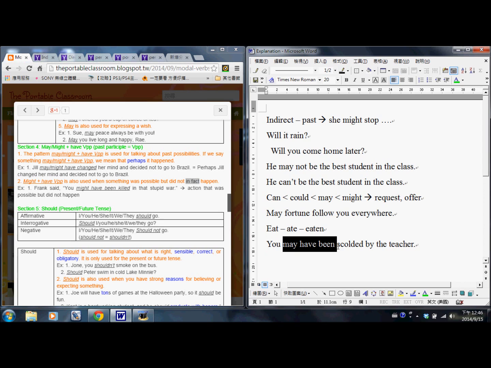But that's possible because maybe this person didn't hand in his or her homework in time. So it was possible for that person to be scolded by the teacher, but it didn't happen. So he was safe. I'm using "may have been" with verb pp to express something that was possible in the past but didn't actually happen. Now this is the end for how and when to use may and might.